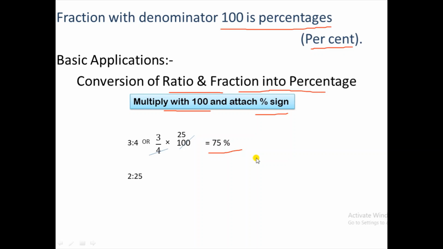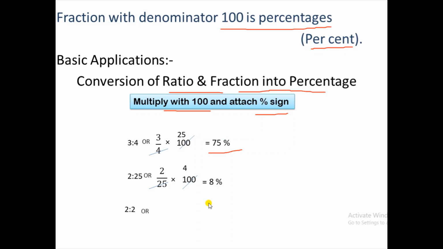The next one we can take is 2 by 25. First of all we will have to convert this 2 by 25 into ratio format, then multiply it with 100. So 100 by 25 is going to be 4, and 4 into 2 is going to be 8. So finally it is going to be 8%. So 2 by 25 can be converted into 8%.